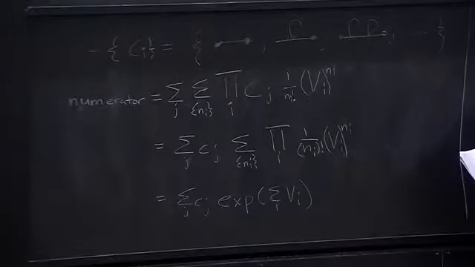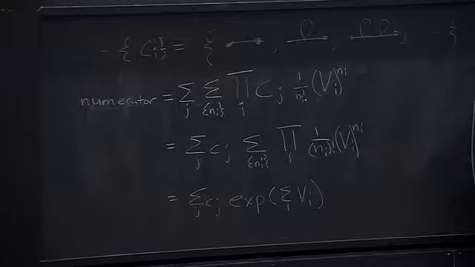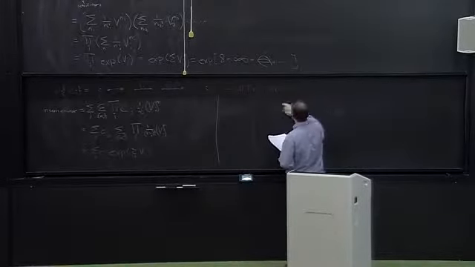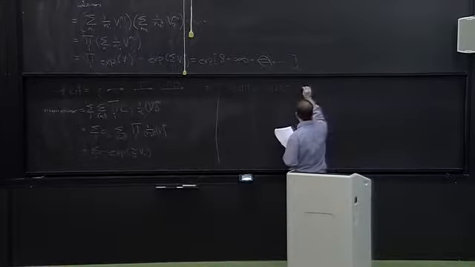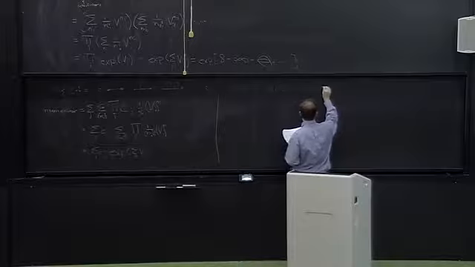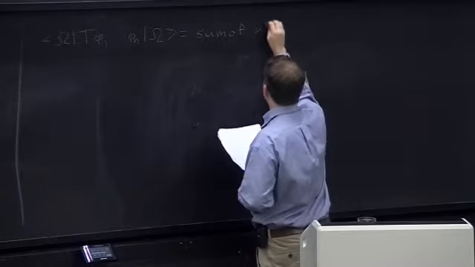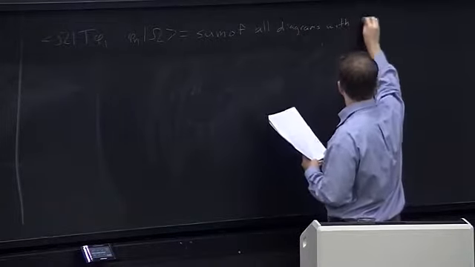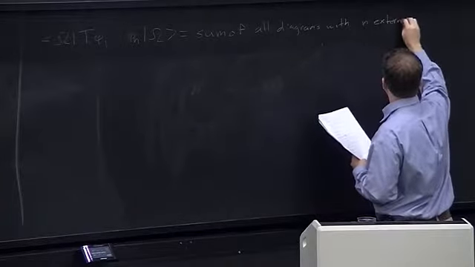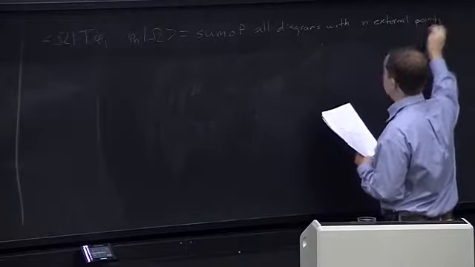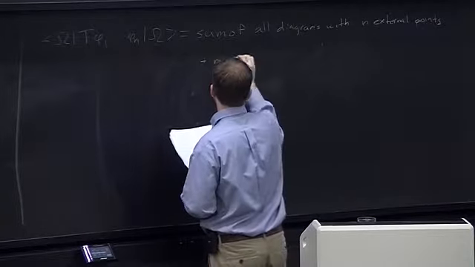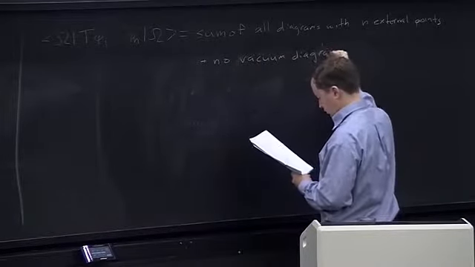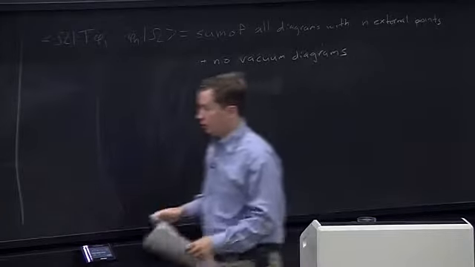So in general, we have that the vacuum expectation value of the time-ordered product of phi 1 up to phi n is equal to the sum of all diagrams with n external points and no vacuum diagrams. So vacuum diagrams cancel.